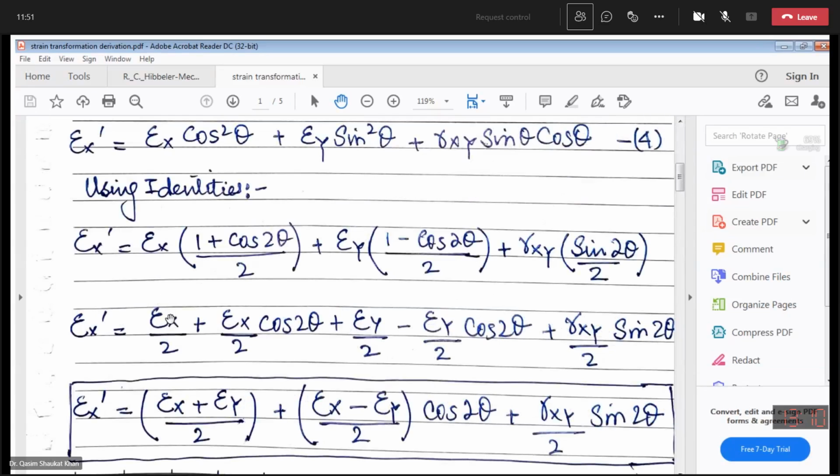So this will become epsilon x over 2 plus epsilon y over 2. So this is epsilon x plus epsilon y over 2 plus epsilon x over 2 cos 2 theta minus epsilon y over 2 cos 2 theta. Okay, so this will become epsilon x minus epsilon y over 2 cos 2 theta plus gamma xy over 2 sine 2 theta.